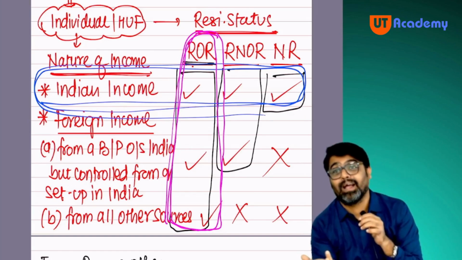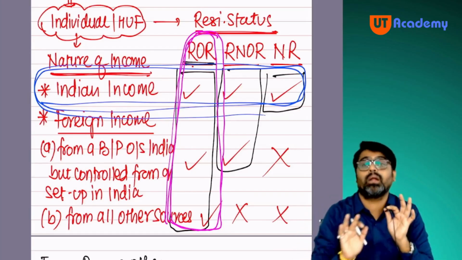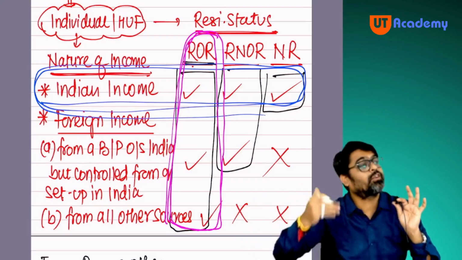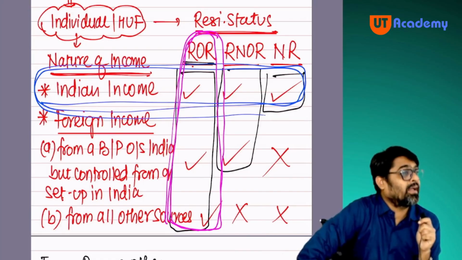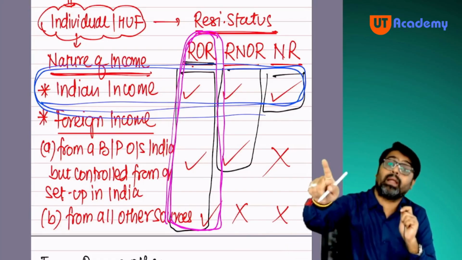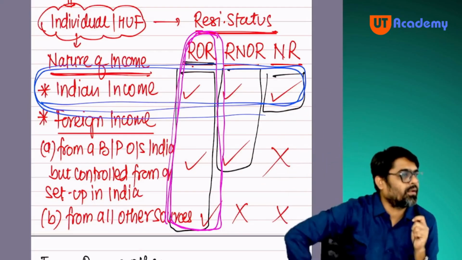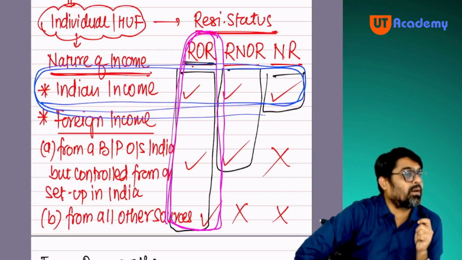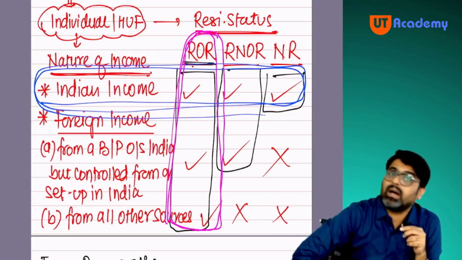Source rule: if the source of your income is in India, you will pay tax on that income in India, irrespective of your residential status. And if you are a resident of India, you will pay tax on all your income in India because you are a resident of my country. Irrespective of whether you are earning from India or from outside India, we don't care.